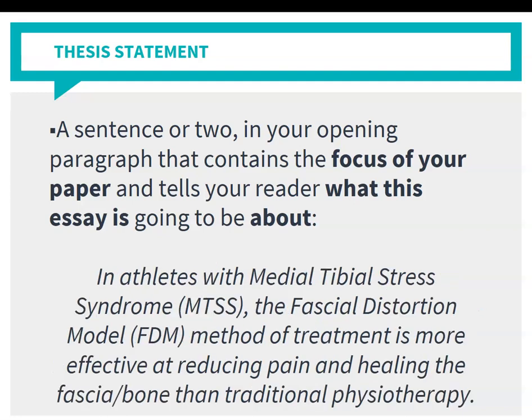Another one: in athletes with MTSS, the FDM method of treatment is more effective at reducing pain and healing the fascia bone than traditional physiotherapy. So all of their articles are going to back up the idea that FDM is more beneficial as a treatment method than any of the other treatment methods. Your articles might say something different, but that's what the summaries of this person's articles said.